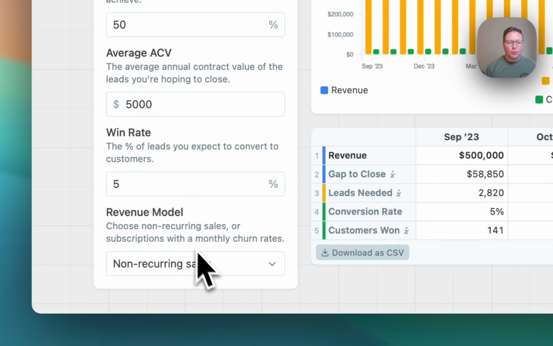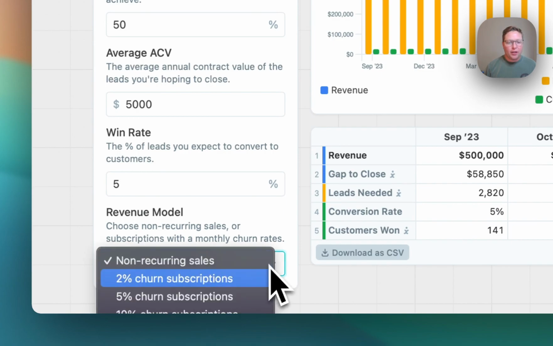And then lastly, which is really important, is to understand your revenue model. In this calculator, we have a few models. One is non-recurring sales, where you sell a service to somebody for $5,000 and then you part ways. Or it's a software business or a recurring revenue model. We put a couple of churn rates in here. These are monthly churn rates.